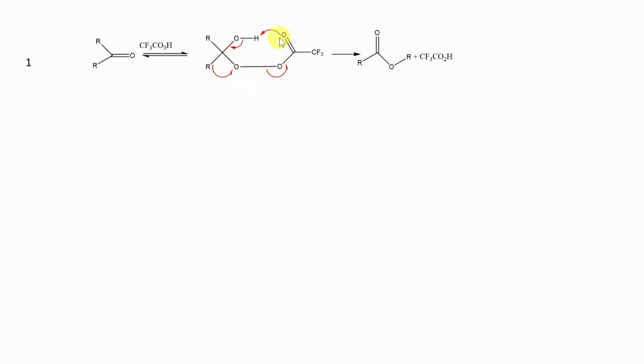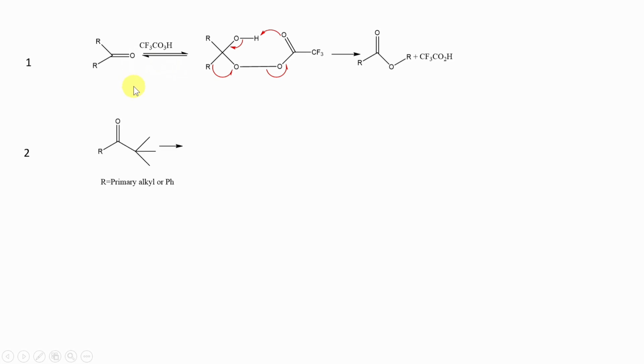This carbonyl group abstracts a proton from this OH group, thereby this becomes the new carbonyl group, and the alkyl group shifted to this oxygen, thereby this ester is formed. That is the mechanism in this reaction, the general mechanism of Baeyer-Villiger oxidation.